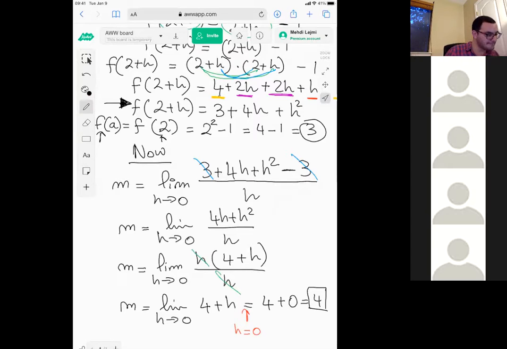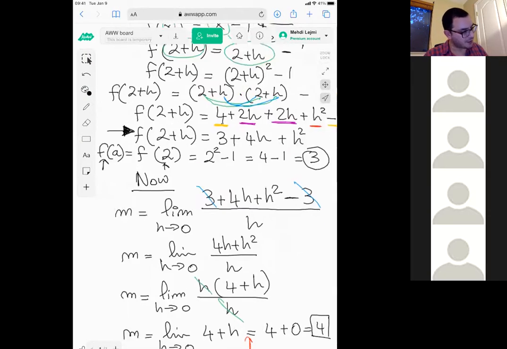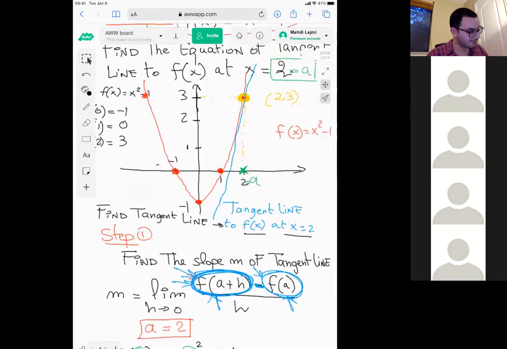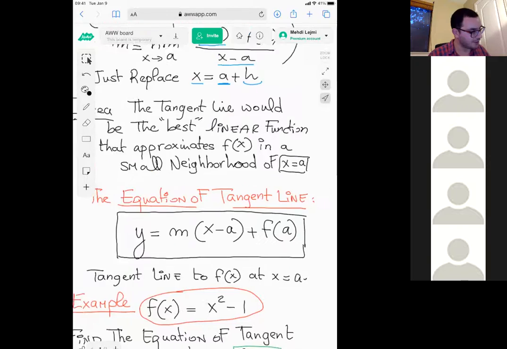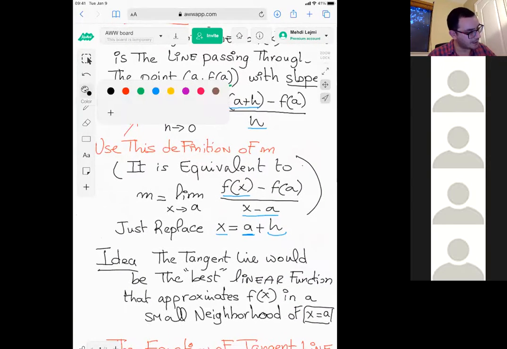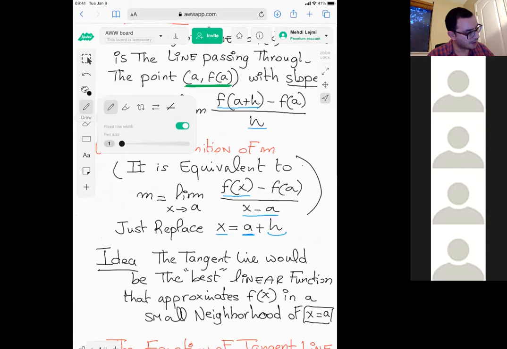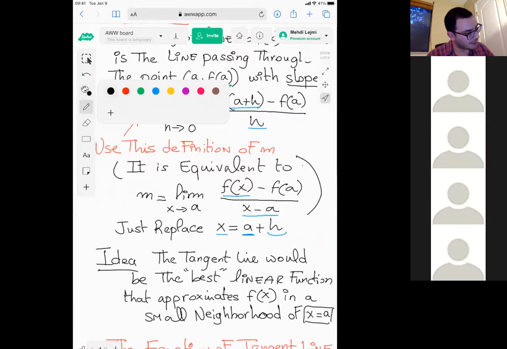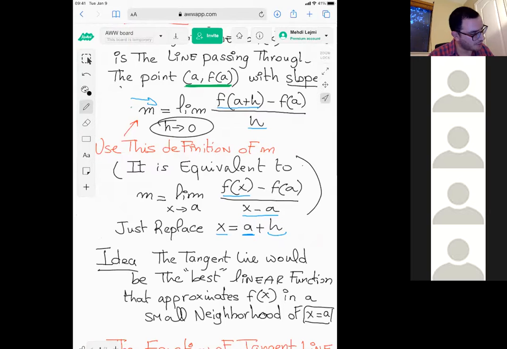Professor, why is the limit h going to 0? Well, that's by definition of this slope. You see this h in the definition.